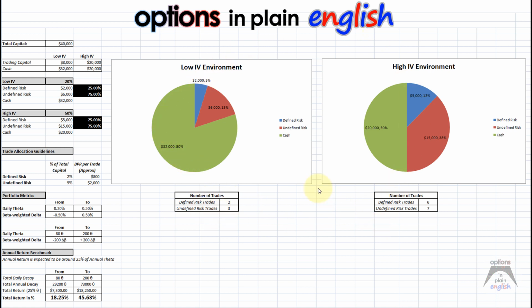So this is how you would put it together. Now you have to work on your own portfolio and see how you will design and how you would implement such a portfolio. But this is more or less how this works, and this is a constant cycle. You always have to be looking for trades.